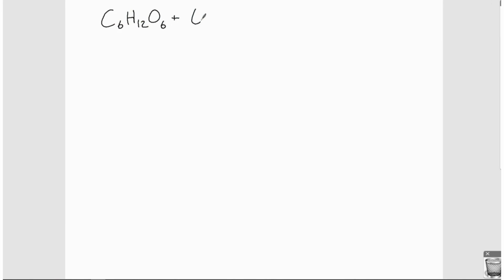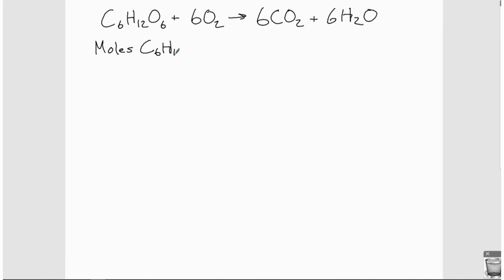Based off of the coefficients in this equation, the molar ratio of glucose to oxygen is 1 to 6, right? So if I look at our moles that we have calculated, which I will rewrite down right now, 0.1679 moles, and then my moles of oxygen is 0.2166 moles.